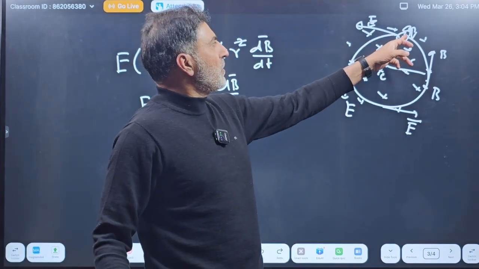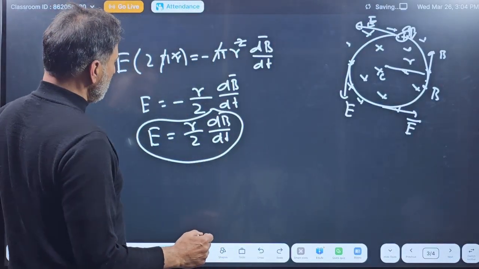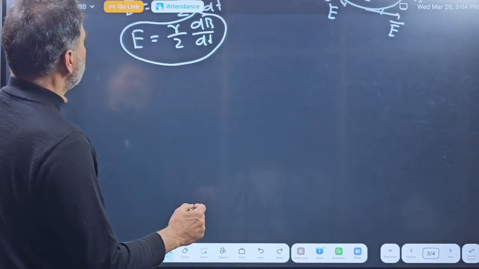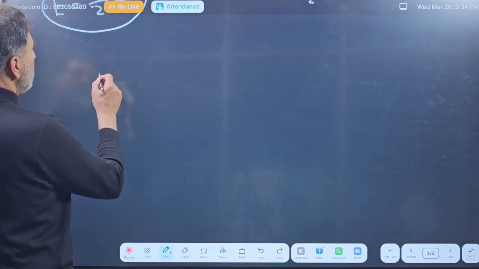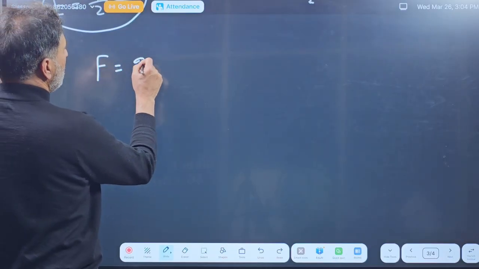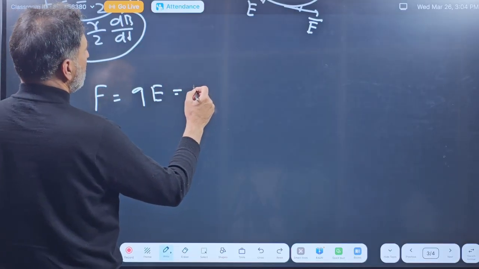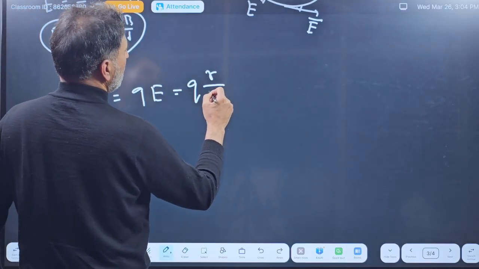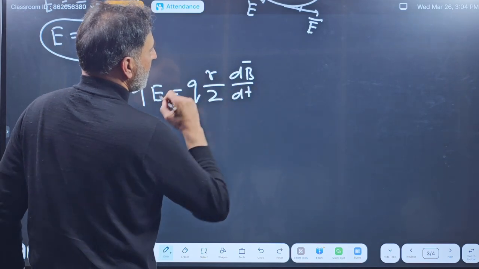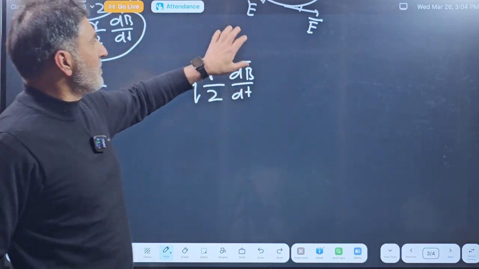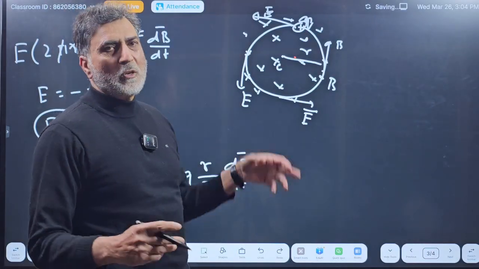The force on the charge will be Q into electric field, that is QE, that is Q r by 2 dB by dt. This is the force on the charge, a tangential force. And due to this force, it will get accelerated.